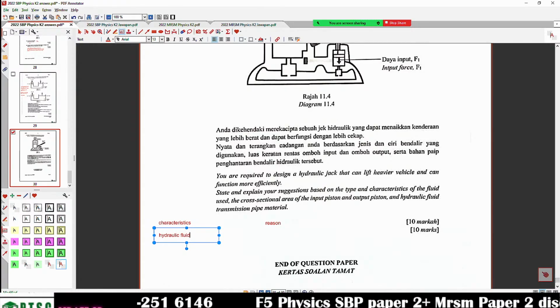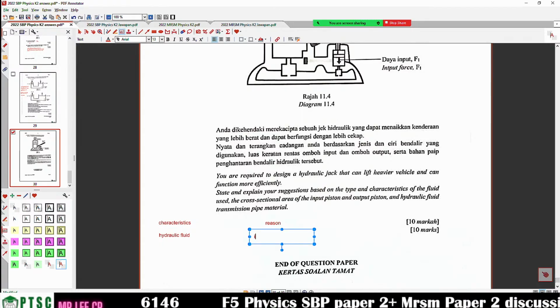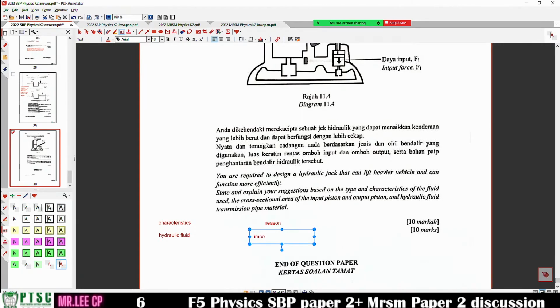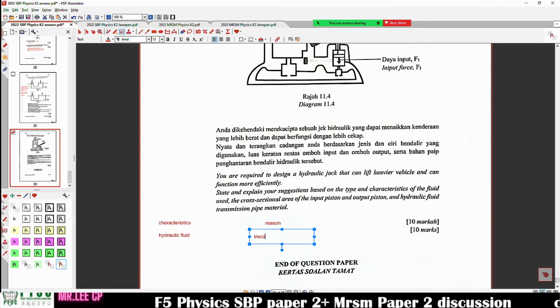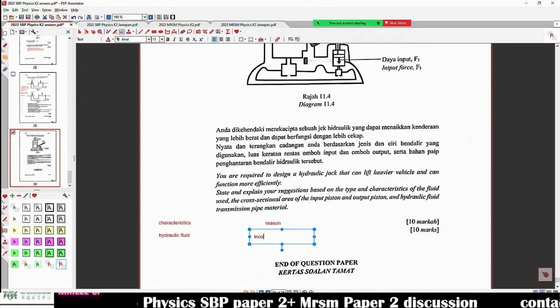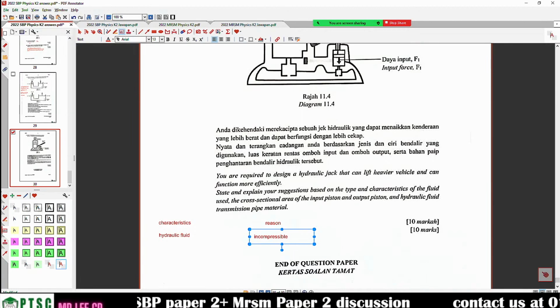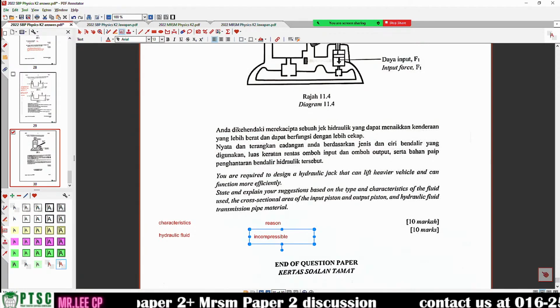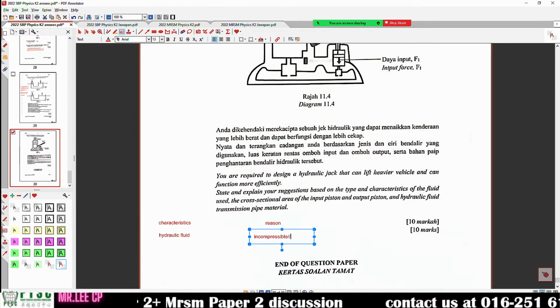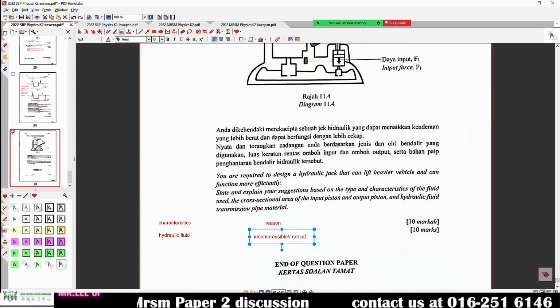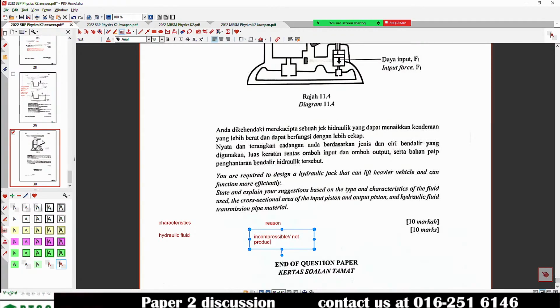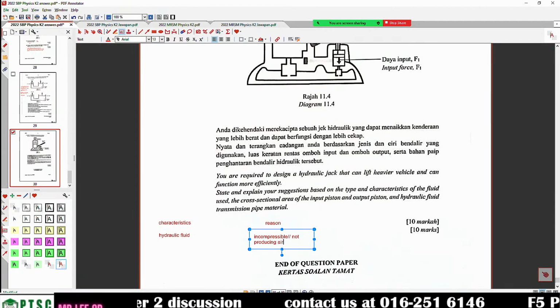Why? Incompressible, right? It cannot be compressed, and it does not produce a bubble.